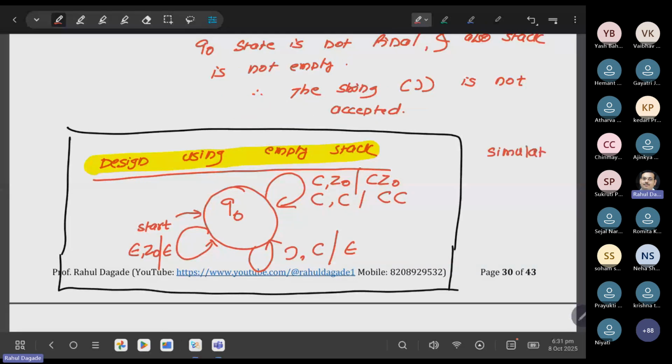Simulate this PDA for, let us take this input. Okay, for this input, try to simulate the PDA. All of you try in your notebook.